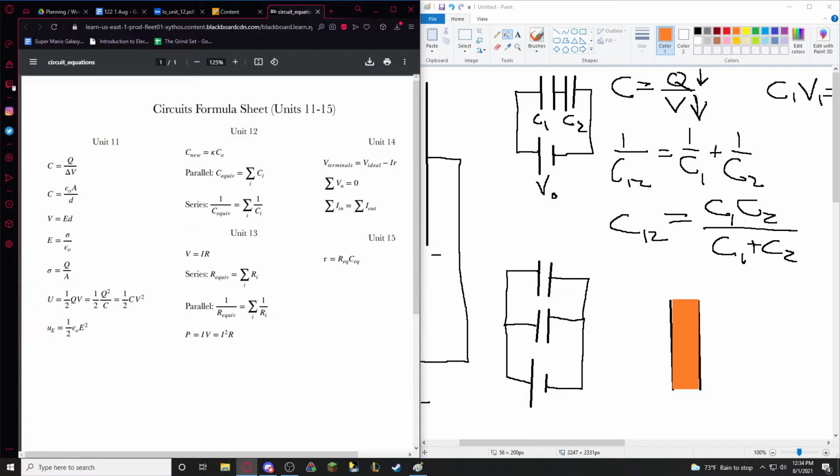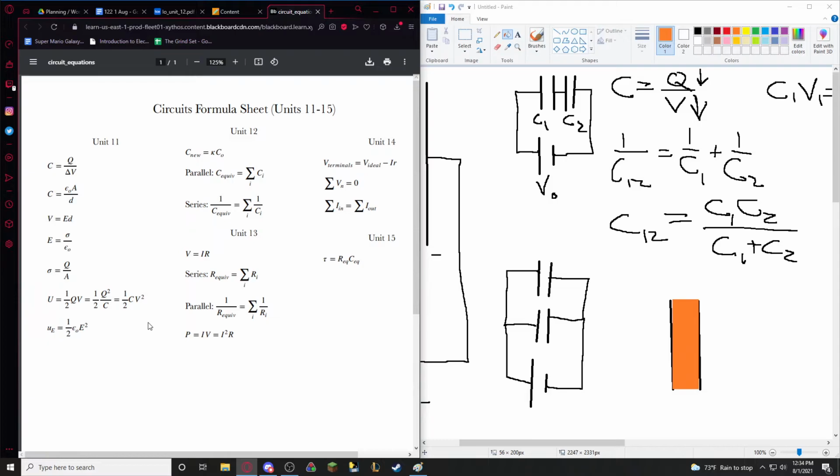I do believe the capacitance should increase. The capacitance increases, so what happens to the energy stored? Since the capacitance increases, the stored energy should increase. Exactly. The stored energy increases when the capacitance increases because it's half CV squared. Okay.